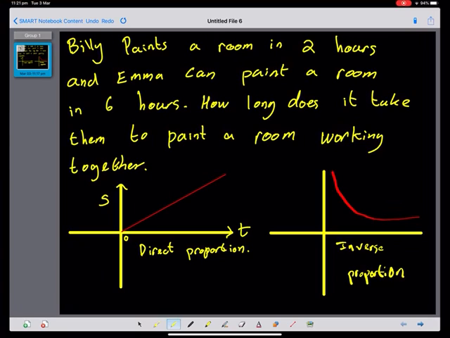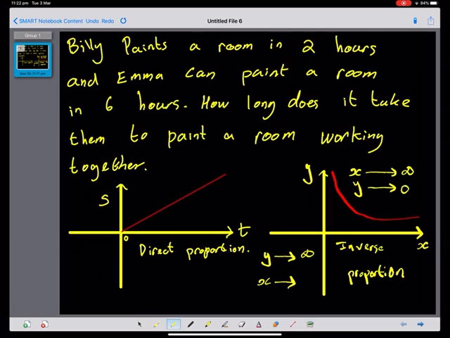Okay, and as you can see, if this is x and this is y, as x increases, y goes to 0. And as we increase y, x increases.